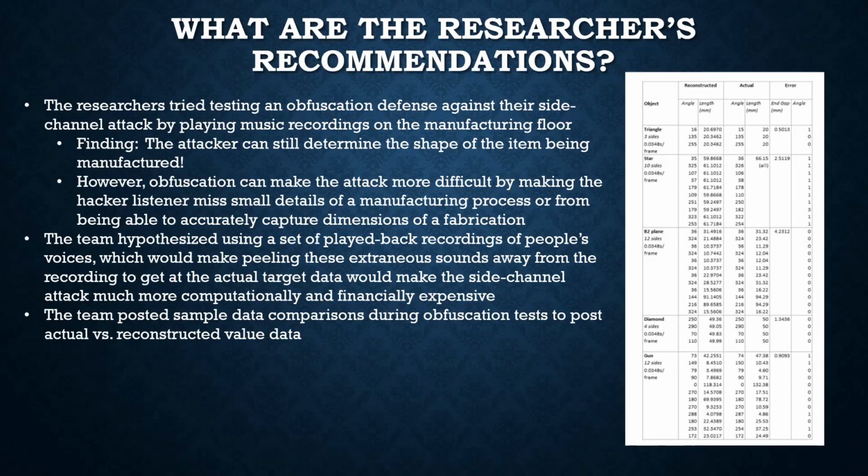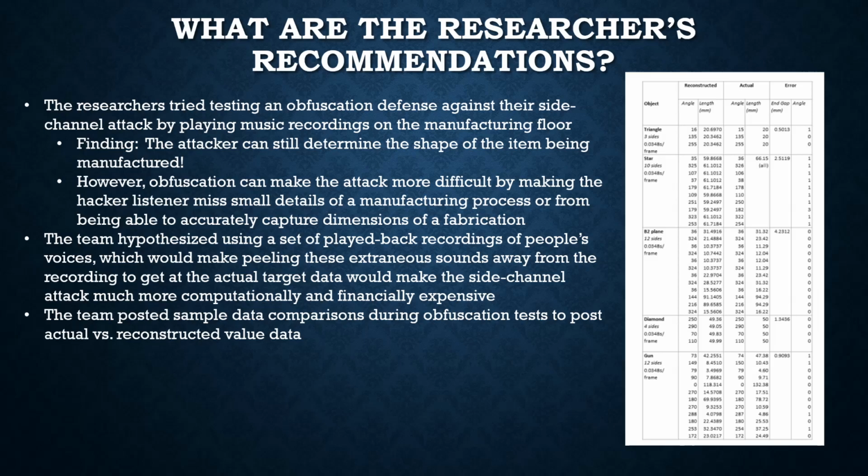The team also hypothesized that using a set of played back recordings of people's voices would make peeling off these extraneous sounds away from the recording to get at the actual target data much harder, and could make that side channel attack much more computationally and financially expensive. The team also posted sample data comparisons during obfuscation tests to post actual versus reconstructed value data.